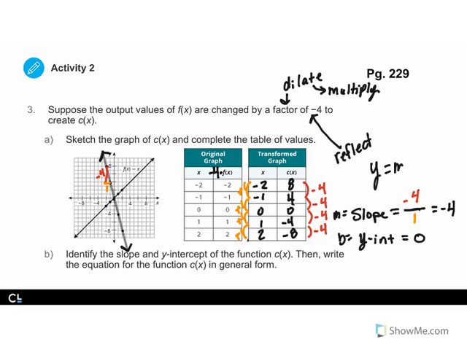Remember, we're writing a y equals mx plus b equation, so instead of y, we actually have c of x. This is our c of x function. So c of x equals -4x plus 0, but we don't really have to write that plus 0. So please make sure you have all this written down. If you don't have it written down, go ahead and pause before you move to the next slide.